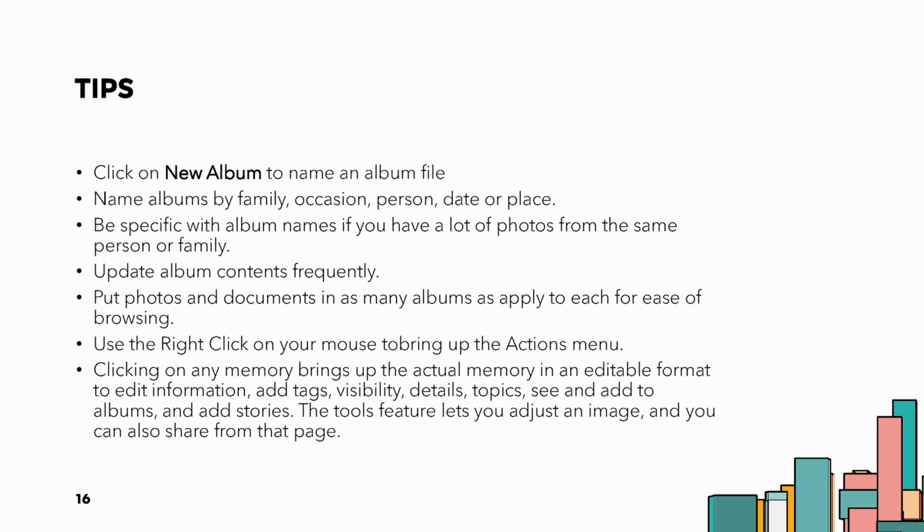Put photos and documents in as many albums as you need to. Any album that applies to it, you can put them in. So just put them in 6 albums if you want, anything that works for those. That makes it so much easier to find things, because if you can't remember what album it's in, and you bring it up and you've got 84 in your gallery, like you saw on mine, you're trying to figure it out.